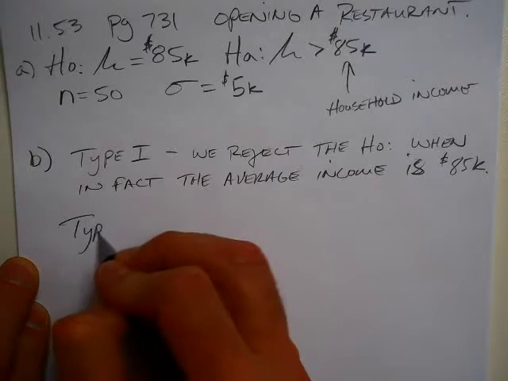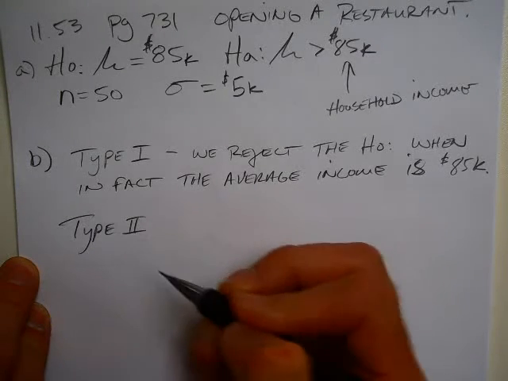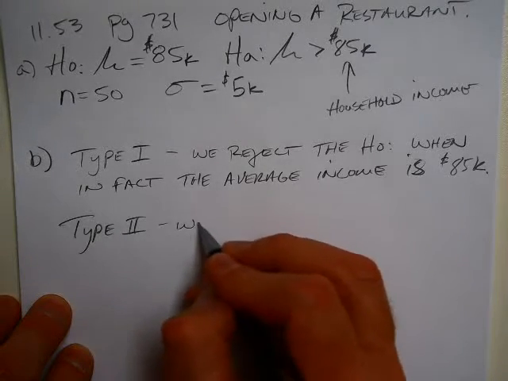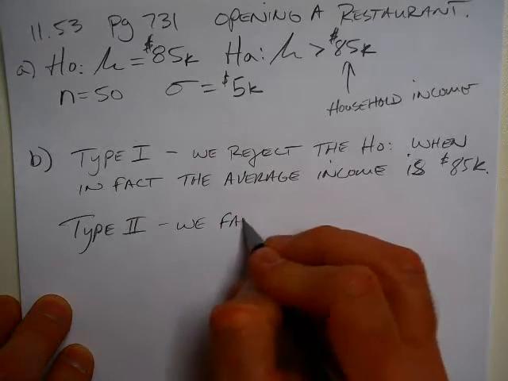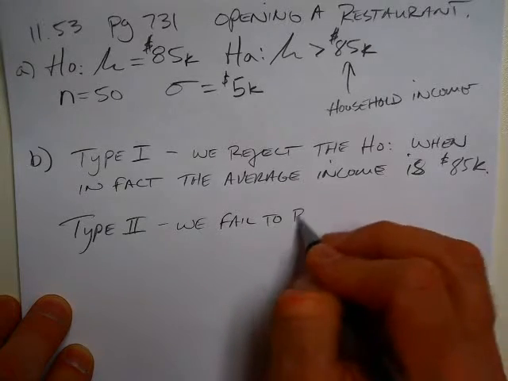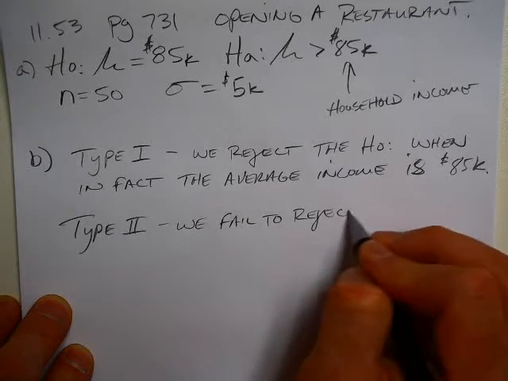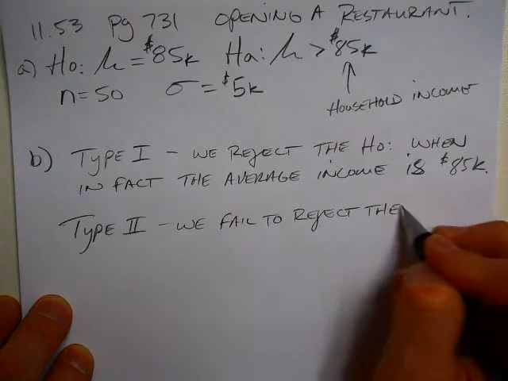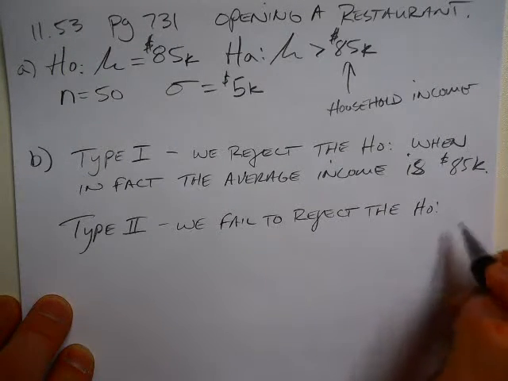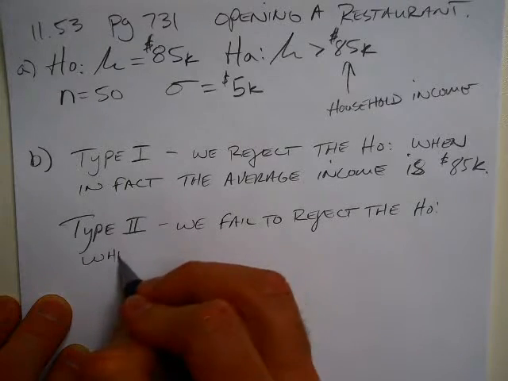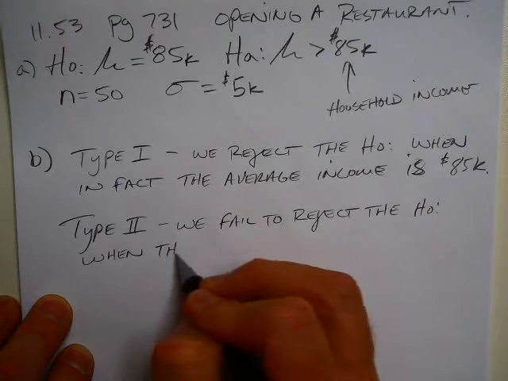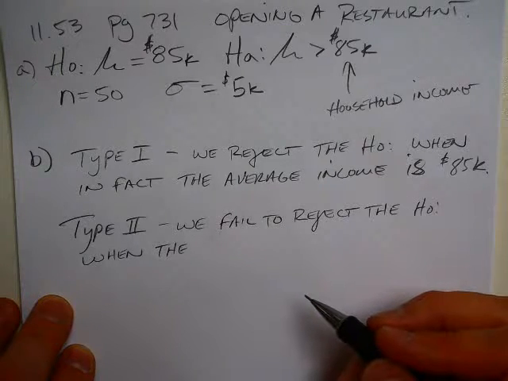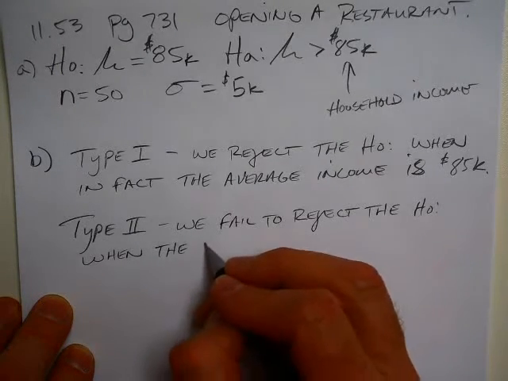Type 2, we fail to reject the null when the income is in fact greater than 85,000.